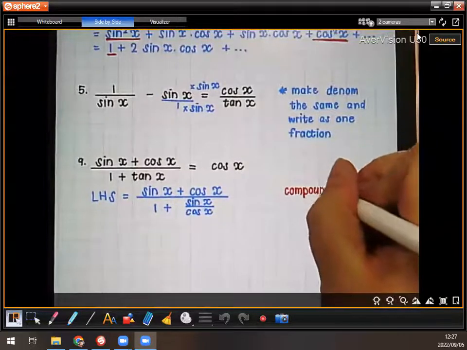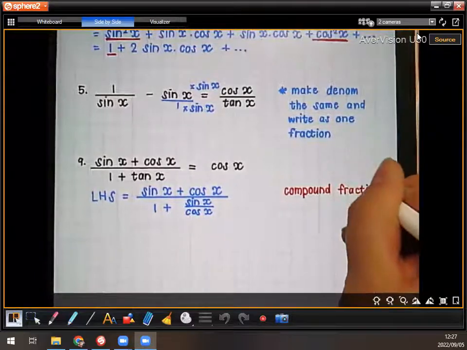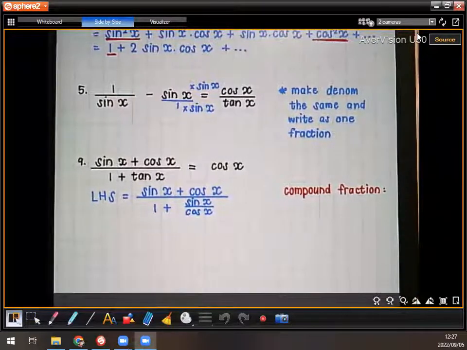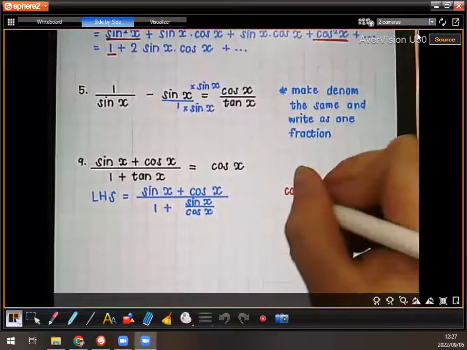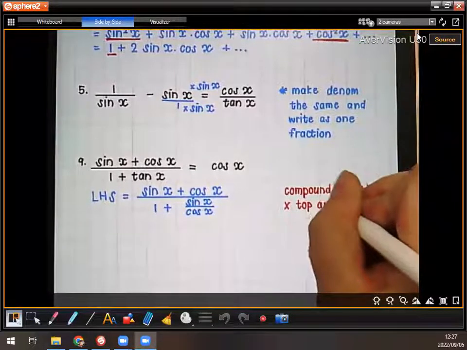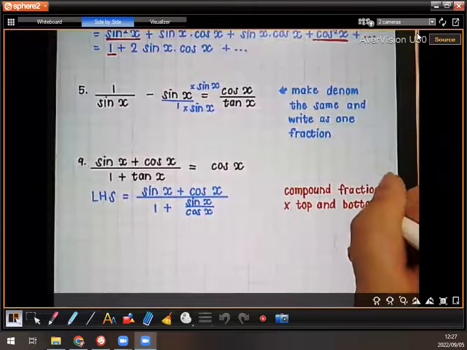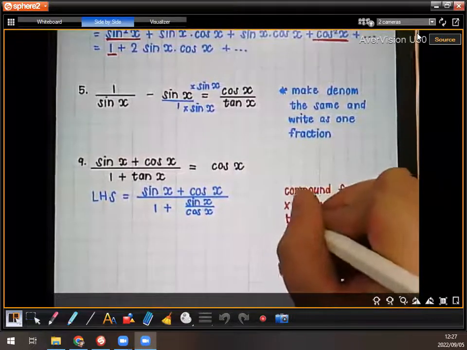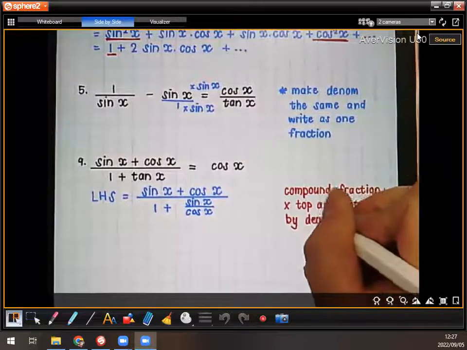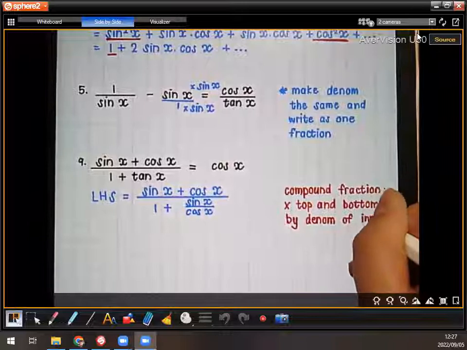So compound fraction, and guys, there's a very nice way of working with this, which is a little bit of a trick. What you're going to do is you're going to times the top and bottom, or numerator and denominator, I suppose is better terminology. But times the top and bottom by the denominator of the inner fraction.